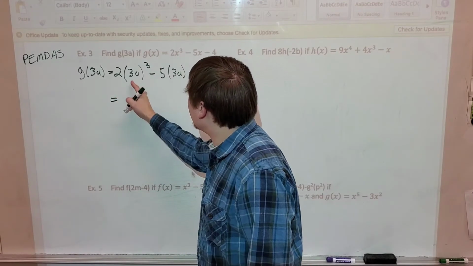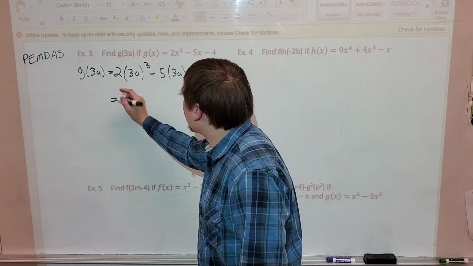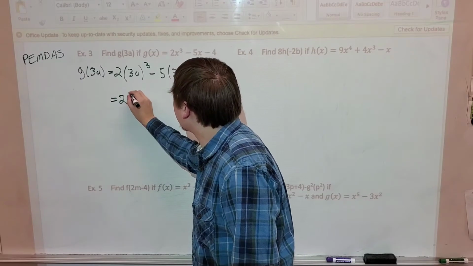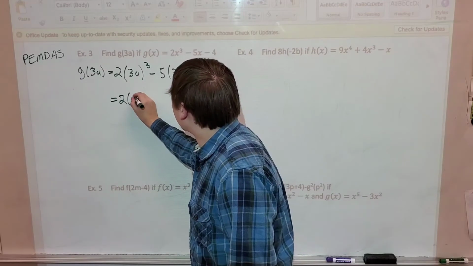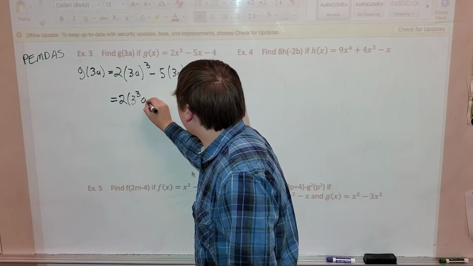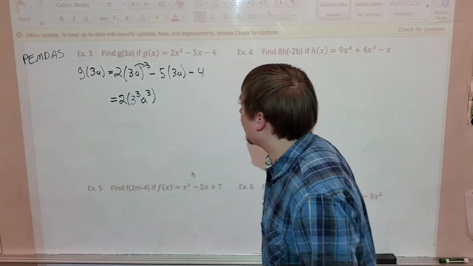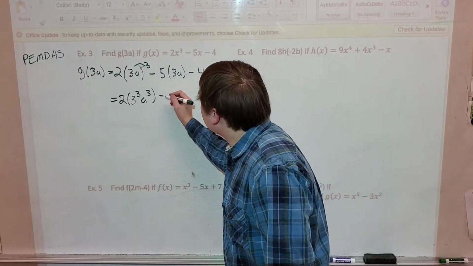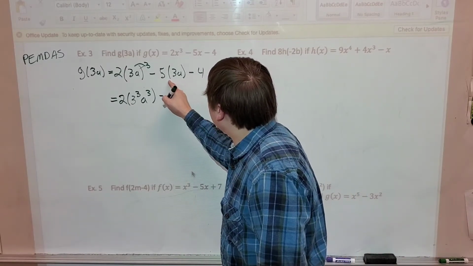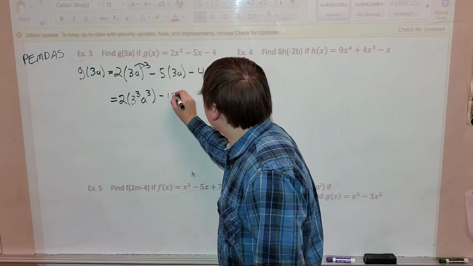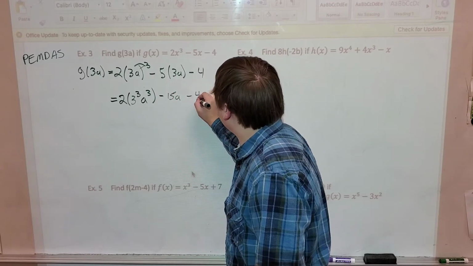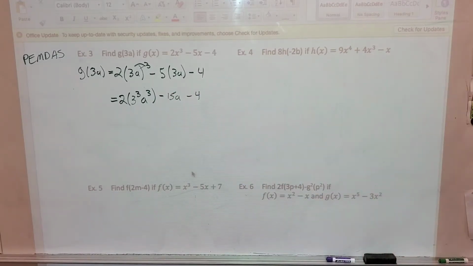We've got to make sure that we do our exponents before we multiply, so the 2 stays in the front. And this should be a 3 to the third, and then an a to the third. You have to distribute that exponent, and then minus, and then we can just multiply here. 5 times 3 is 15a. There's no exponent there. Minus 4. Almost done.